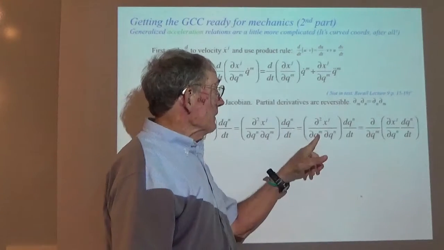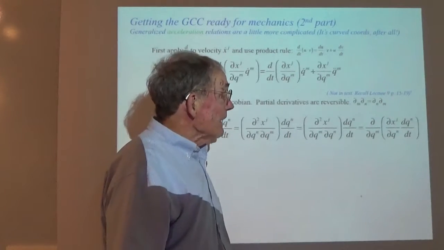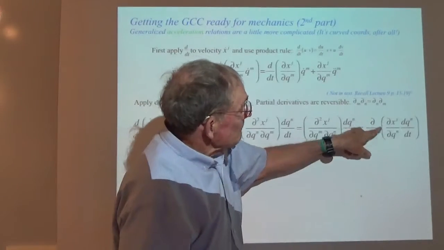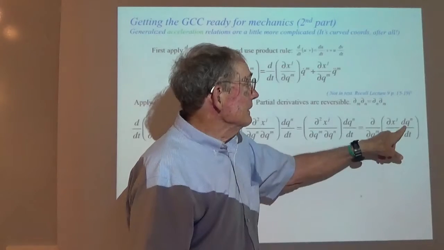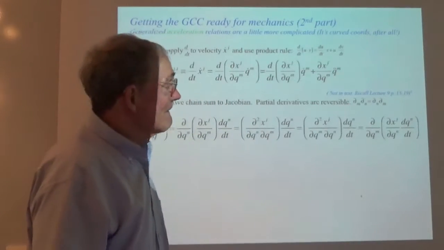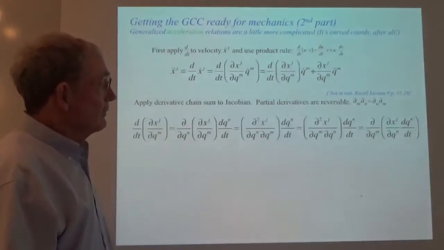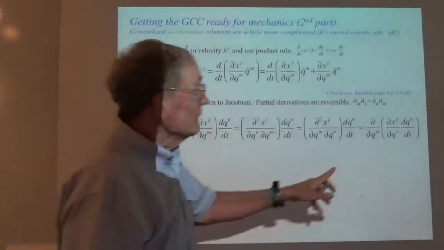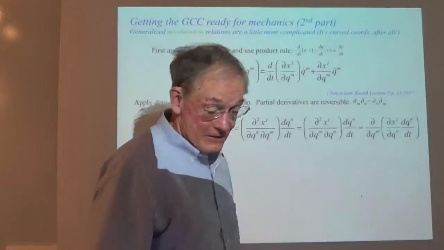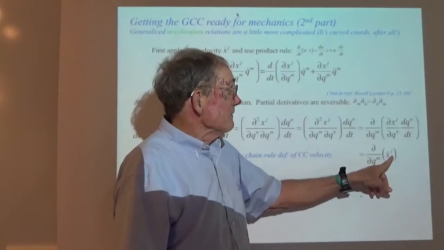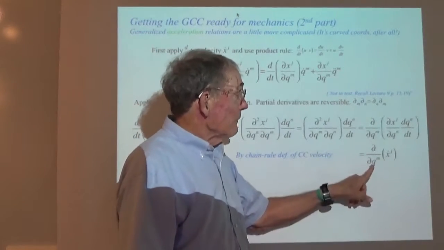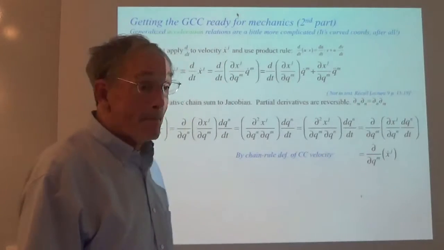I can put the m on the front and the n in the back, and that leaves me with a partial of qm of this thing, right there. That partial x with respect to qn, then dqn. Well, what is that? That's just the velocity, x dot. Oh, and the partial of qm of it.